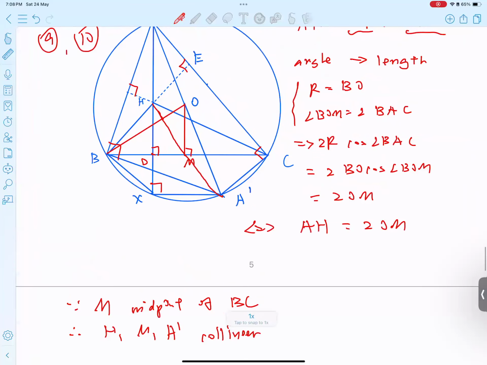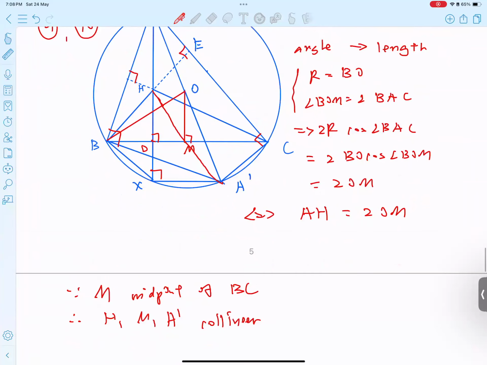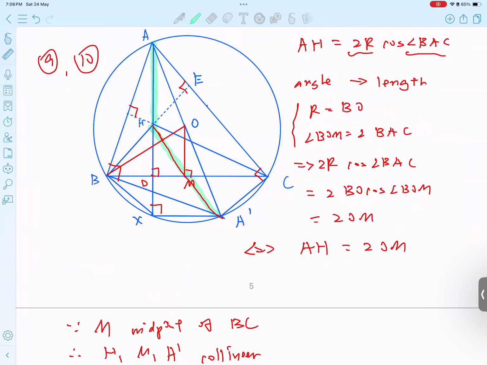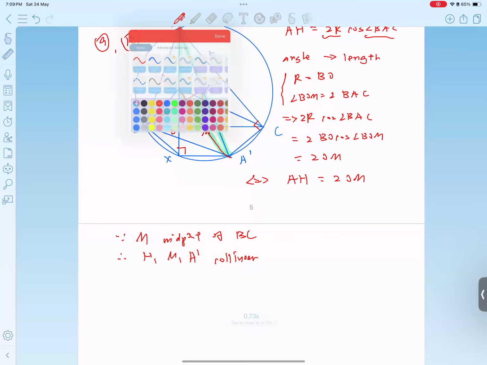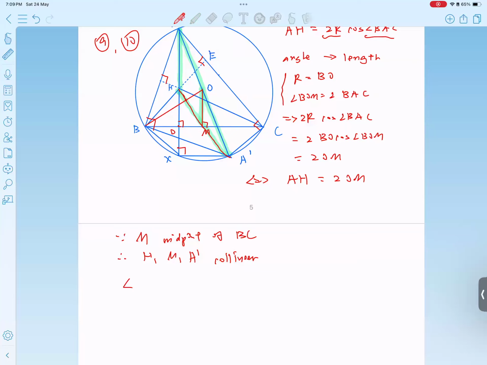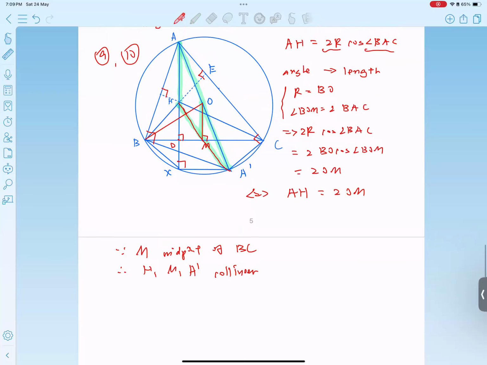So if you look closely at these two triangles, you notice AH is perpendicular to BC, and OM is perpendicular to BC, so AH is parallel to OM.